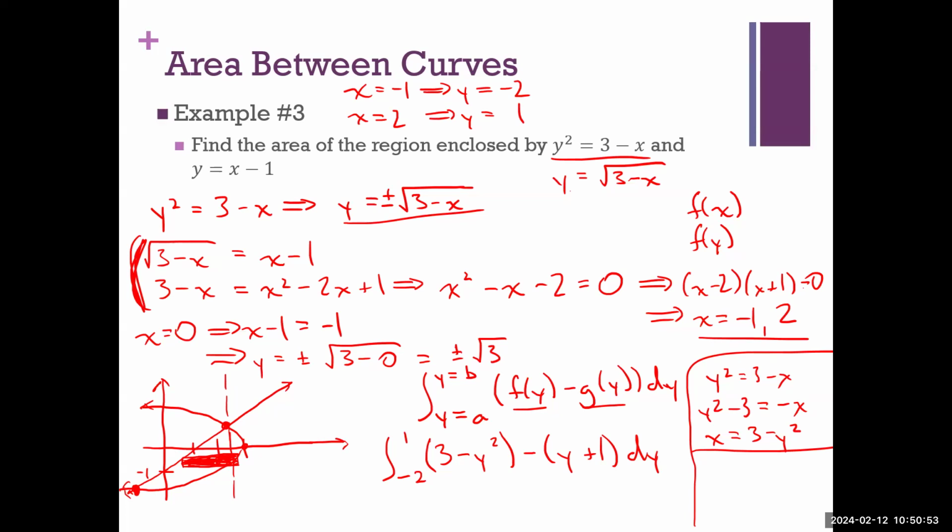Anything else? Go ahead. Is it a good rule of thumb that it's because it crosses the x-axis? Because the function is both above and below, it needs to be done with dy.